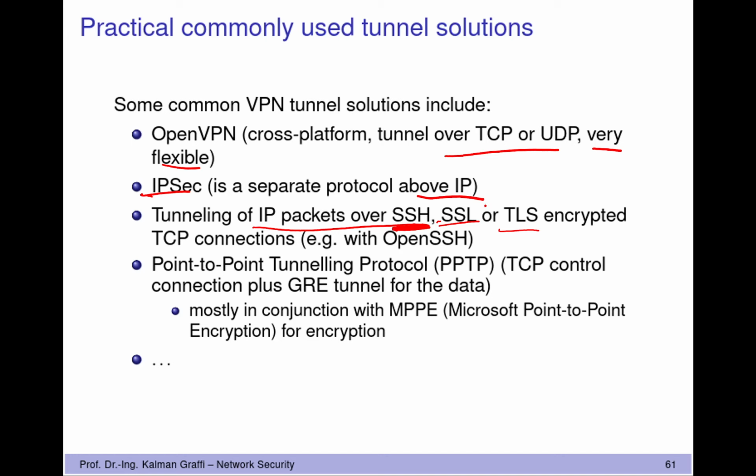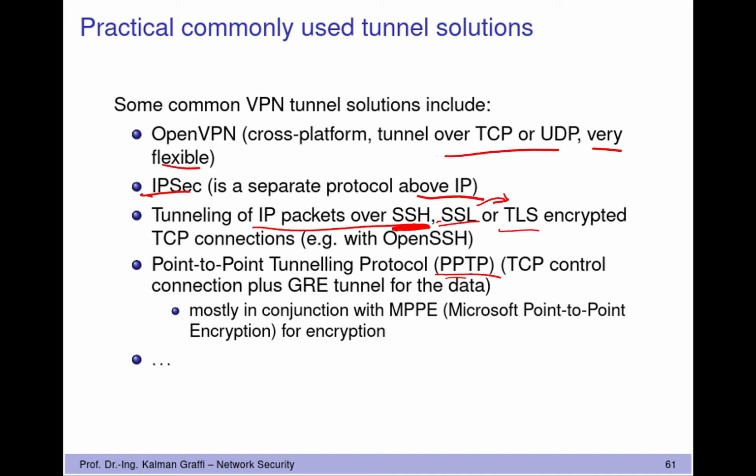Actually TLS is the newer name, the new version. So there you have dedicated new applications that place themselves somewhere in this network stack, or they are also more on the lower layers.